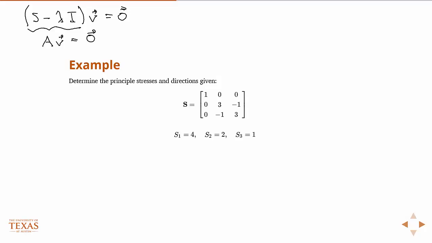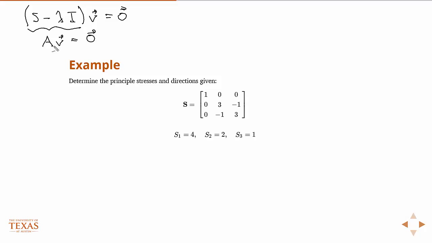So we know how to solve this using our row operations, right? Last time we worked through a problem like this, it was AX equal to B. B had values, but now the values are just 0, and we use the row operations to solve for it. So that's what we're going to do.